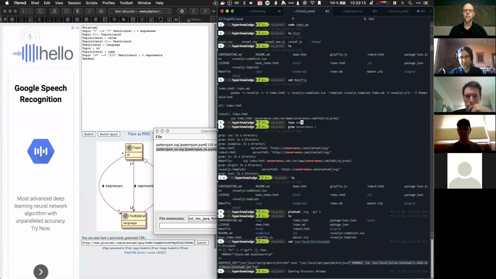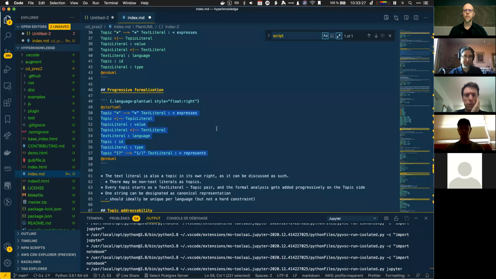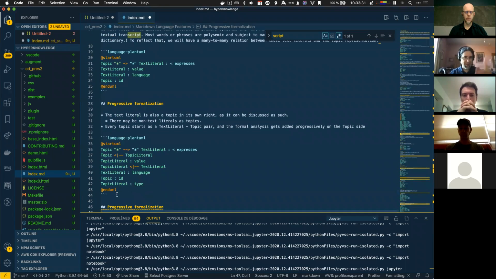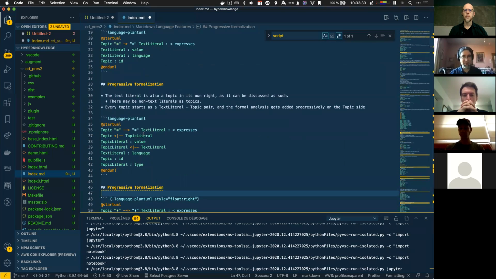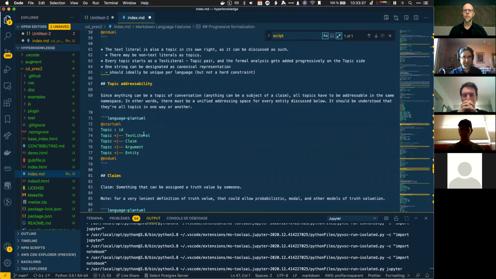You can also get PlantUML to generate PNG instead of SVG. I mean, your choice. And as I said, the really cool machinery I have is the ability to put it in text and have just the language plantuml, and then I can just put PlantUML in the middle for a Reveal.js presentation, which I think is really nice.